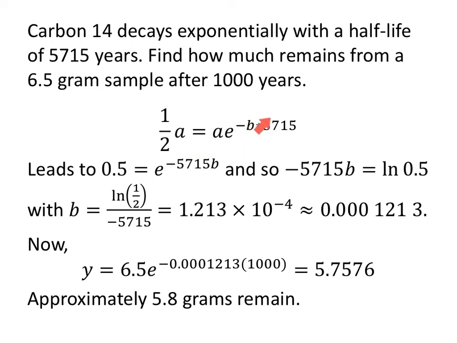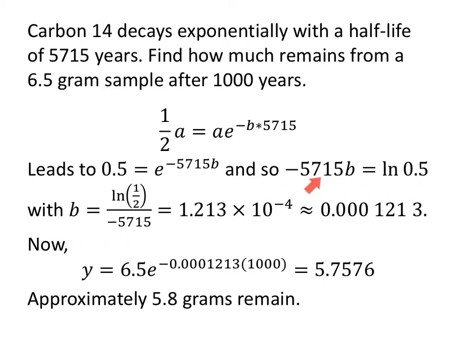We have to isolate this exponential part. When I divide the left side by a, I just get a half, which I've written in decimal form because it takes less space on the page. 0.5 equals e to the negative 5715b. Rewrite it: negative 5715b is the power to which I raise e, so it equals the natural log of a half.